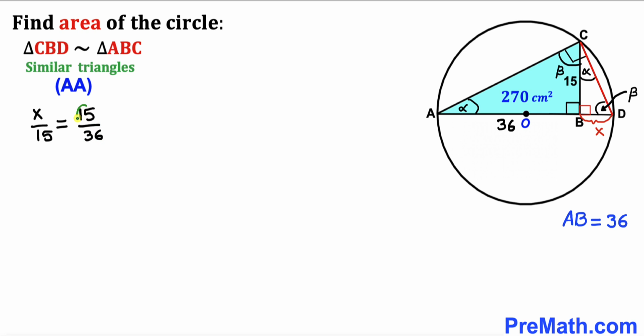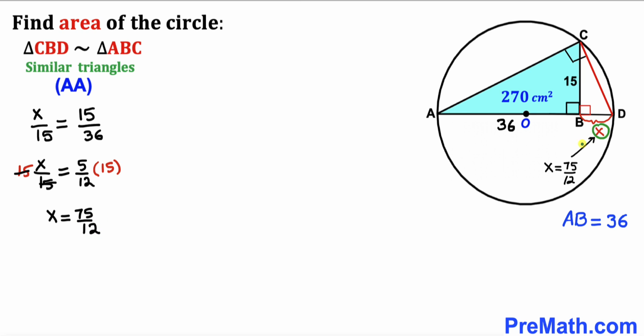And 15 divided by 36 can be reduced to 5 divided by 12. So x divided by 15 equals 5 divided by 12. Now let's multiply both sides by 15 to isolate x. This 15 and 15 is gone. So our x value turns out to be 75 divided by 12 centimeter.